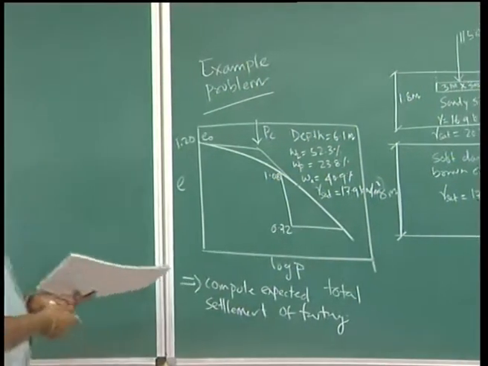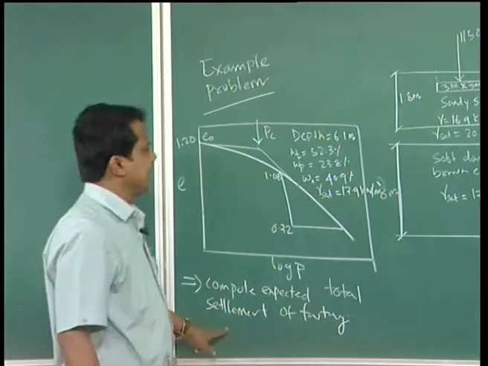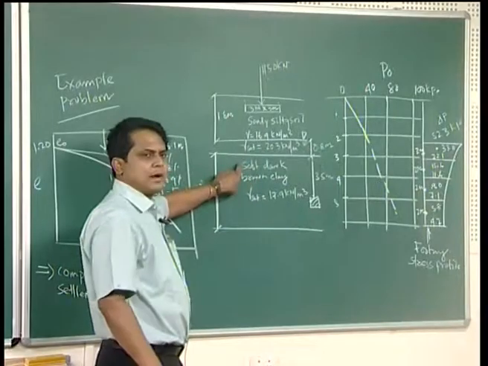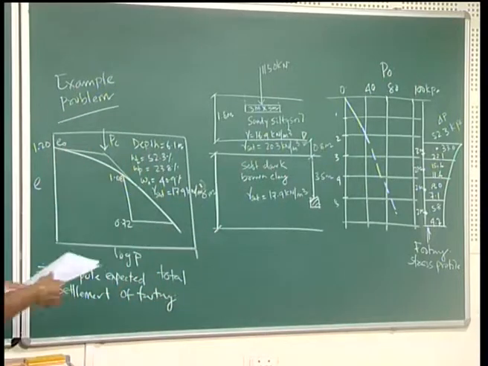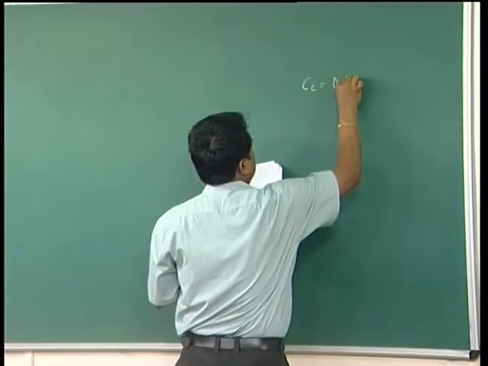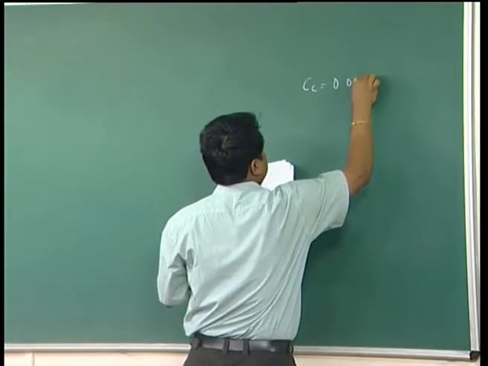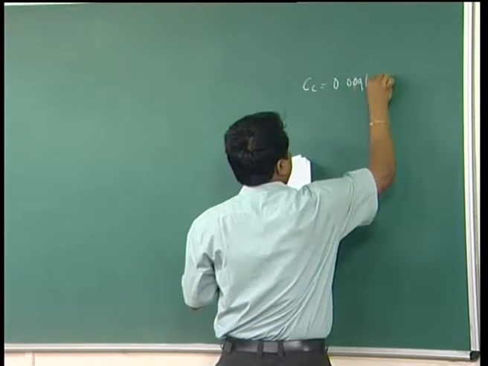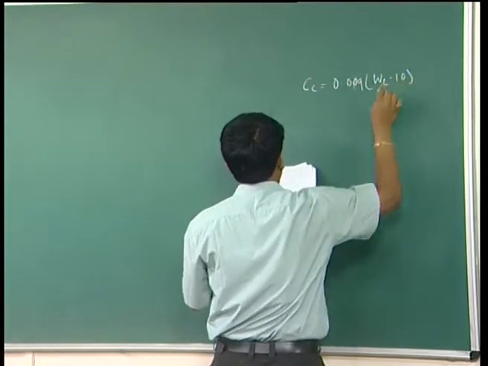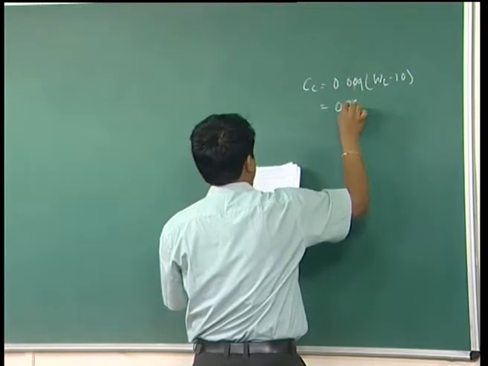So, the question has been asked to compute the expected settlement of footing because of your soft brown clay. Now, CC from correlation, CC is 0.009 into WL minus 10, which is equal to 0.38.